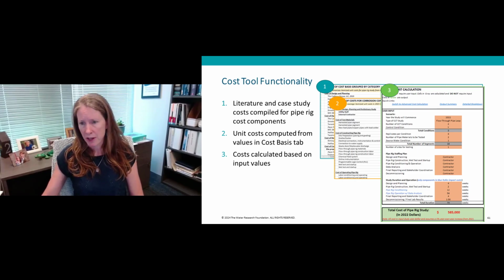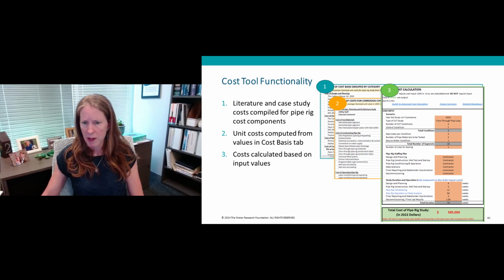You enter in your site-specific pipe rig test characteristics in the orange shaded cells. And then in the green, the output on the costs are provided.